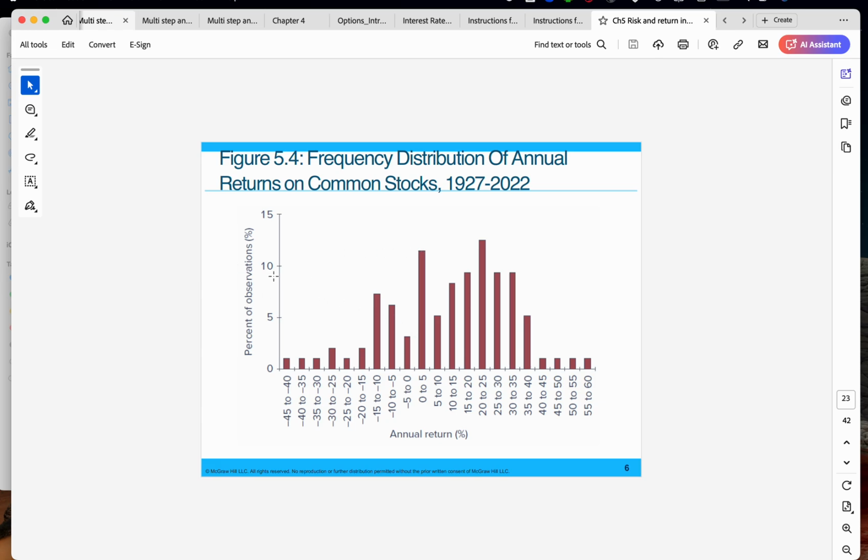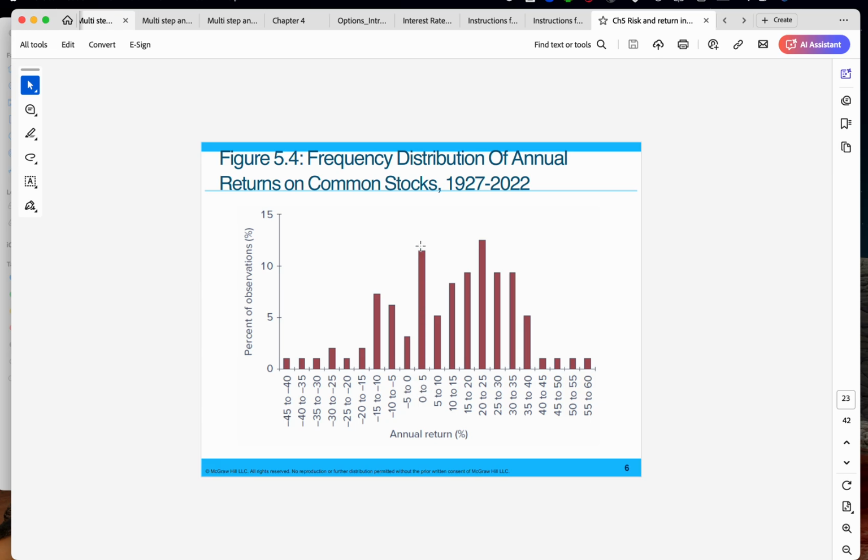This particular histogram is based on percent of observations. You can also see many histograms that simply have quantities on their y-axis. Either one shows you how many of these returns you had.